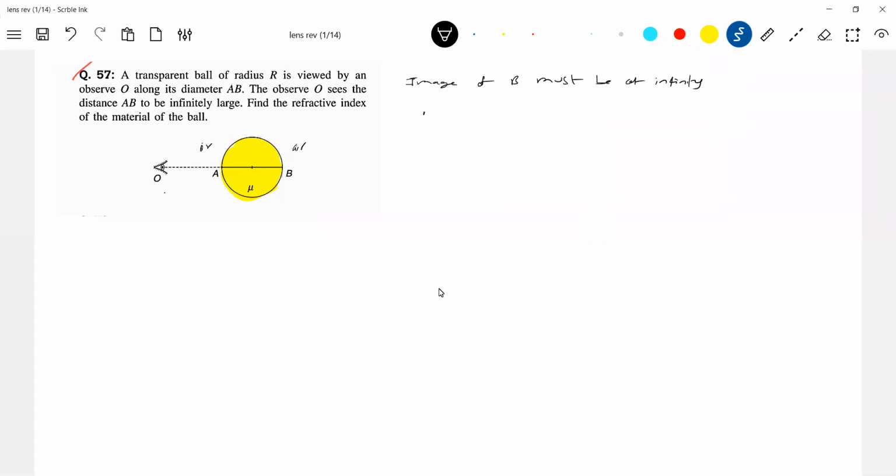The other medium is air. So 1 by infinity minus mu by minus 2r is equal to (1 minus mu) by minus r.